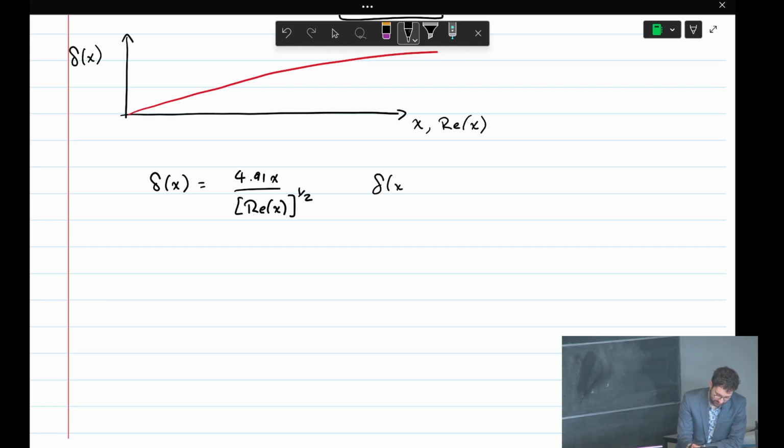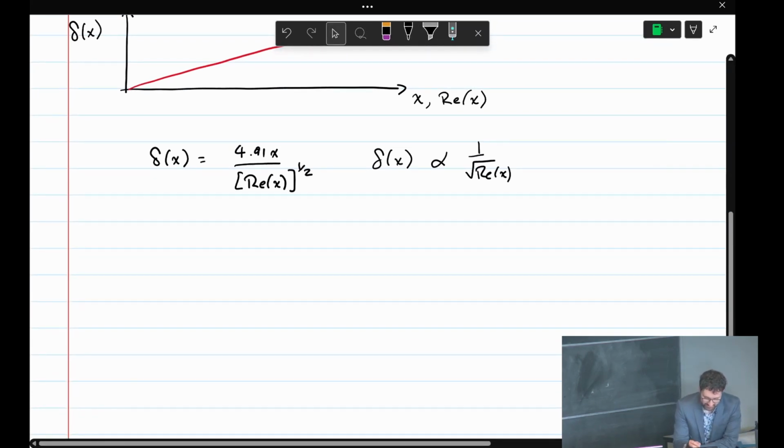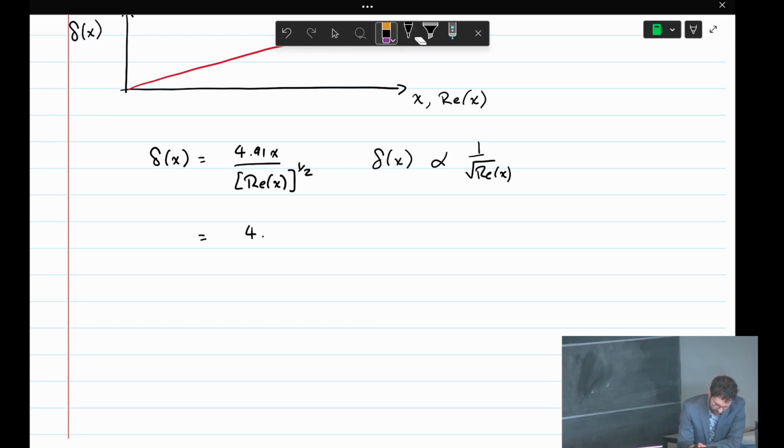Because looking at that equation, it would be 1 over the square root of Reynolds number. But if you expand this out, you get 4.91 x over the square root of rho u infinity x over mu.